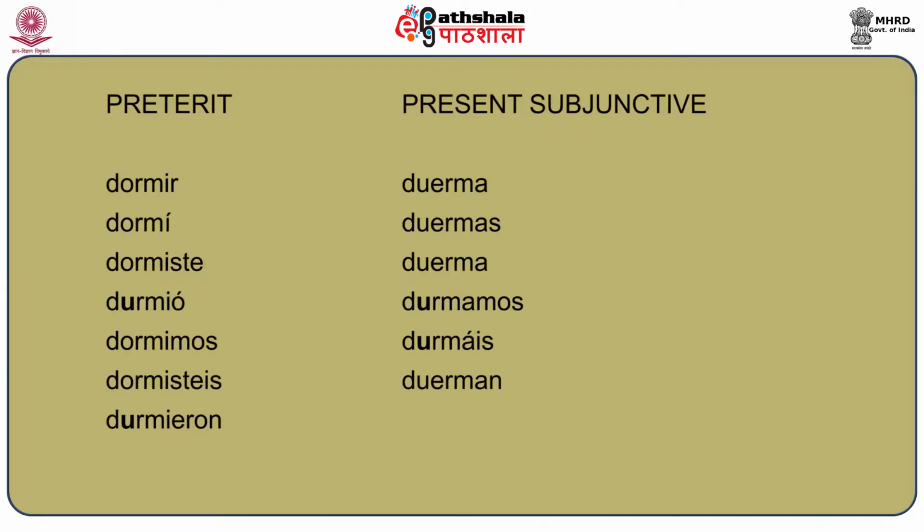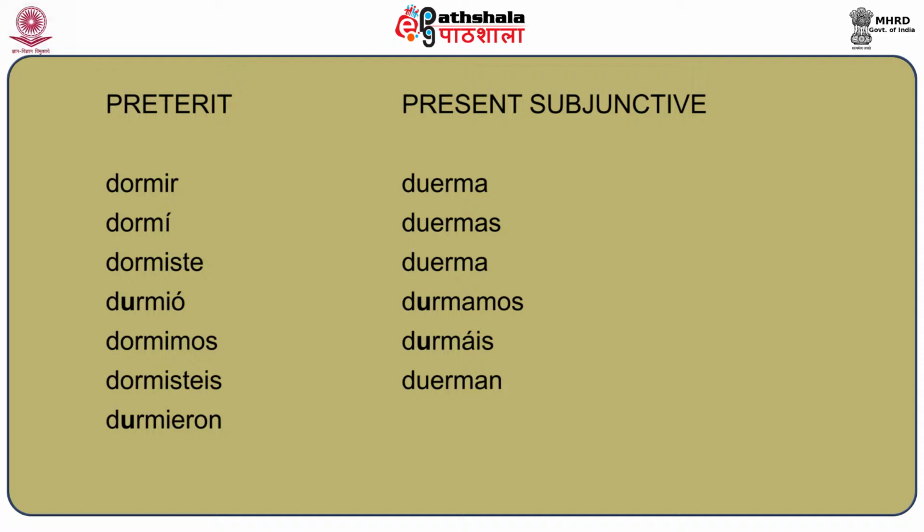For example, the verb dormir in the preterite is conjugated as dormí, dormiste, durmió, dormimos, dormisteis, durmieron.